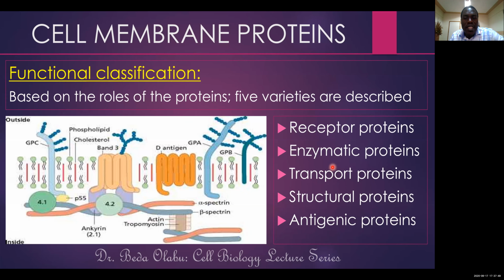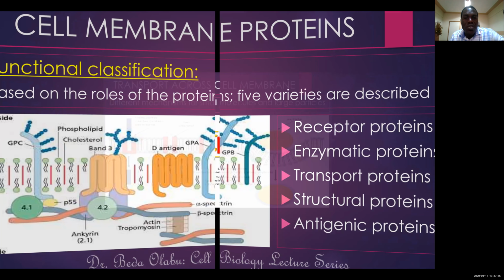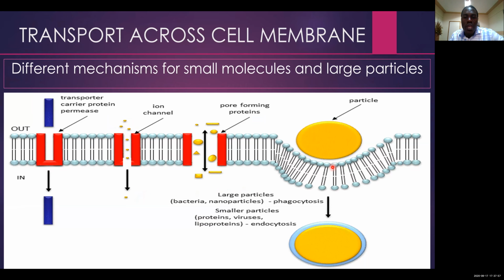So those are cell membrane proteins in terms of how we classify them anatomically as well as functionally. We agreed that one of the key functions of the cell membrane is to transport substances across it.